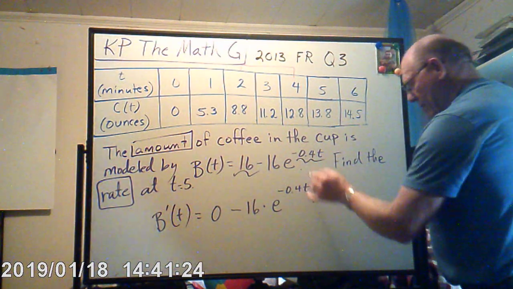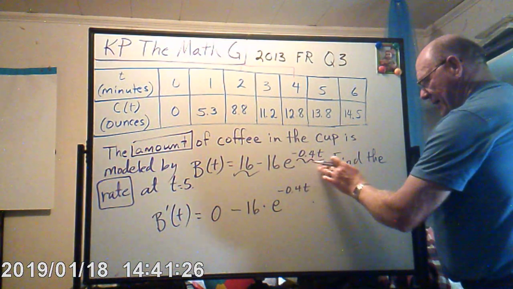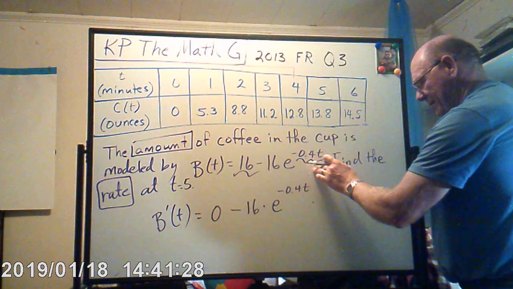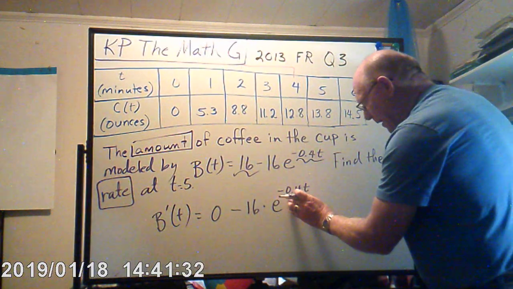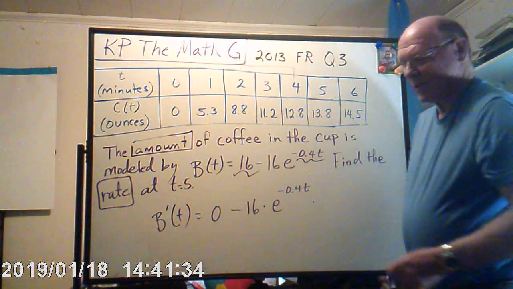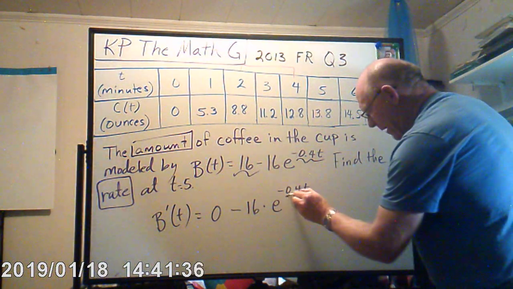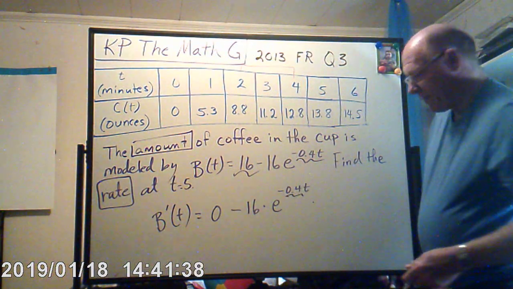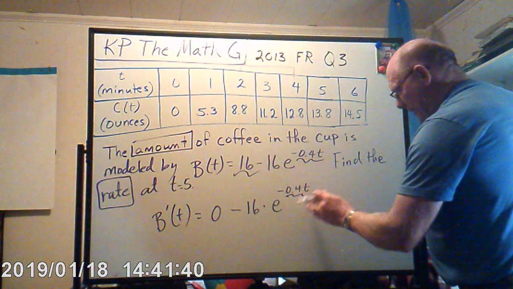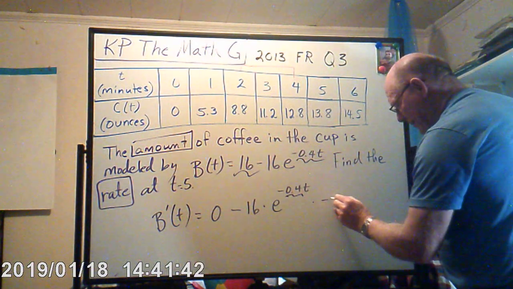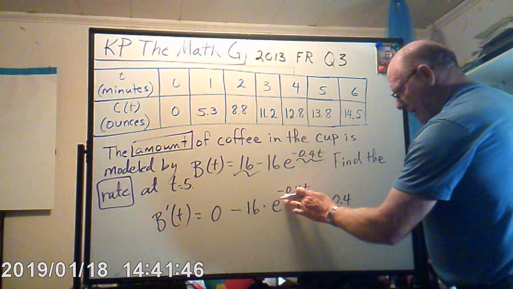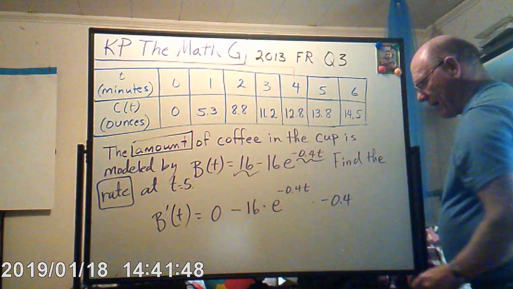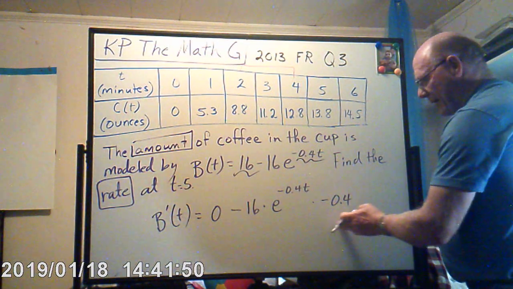And then we want the derivative of this part right here. So don't forget that. Don't just put this part down and let that be it, because you've got to find this derivative as well. Well, the derivative of this is just negative 0.4, isn't it? Because you just take the t off. So that's what that is.